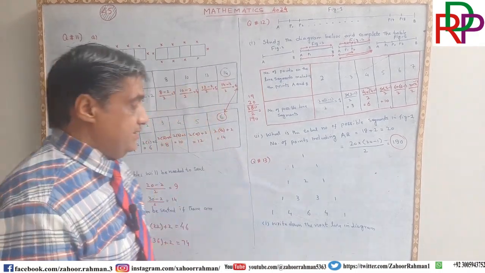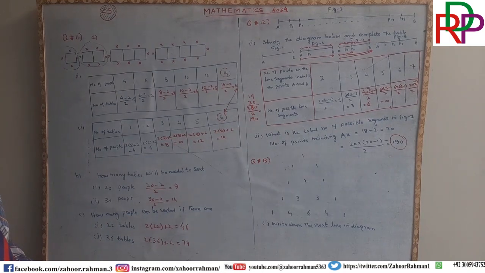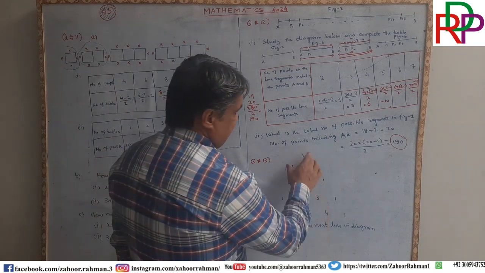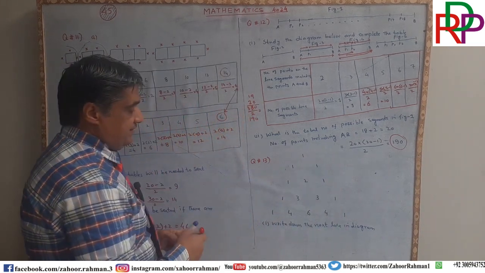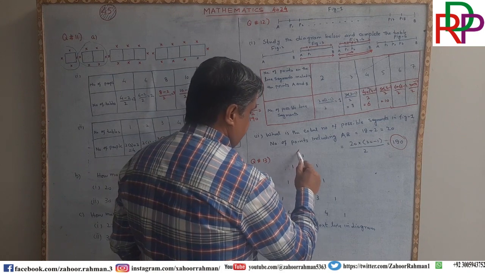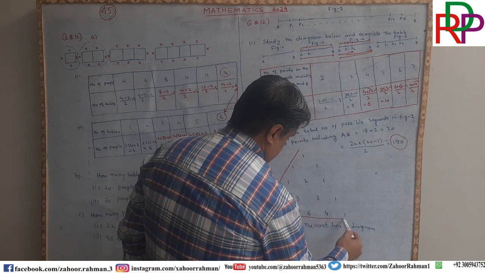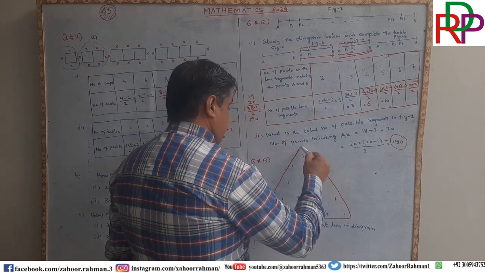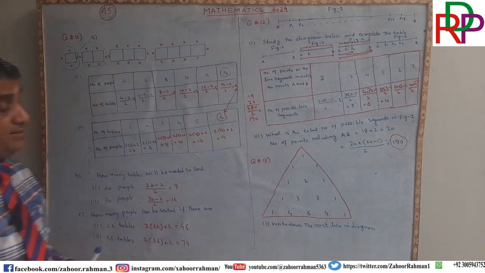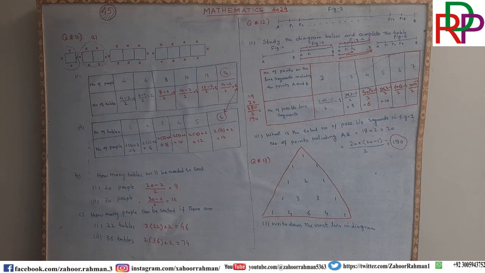Okay, ladies and gentlemen, now we are coming towards question number 13, which is an advanced level question. Ladies and gentlemen, this is a very famous Pascal triangle. In mathematics and in computer science, we are generating this sequence. It is just like a triangle, that is why it is called Pascal triangle.